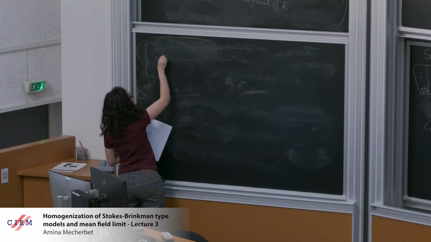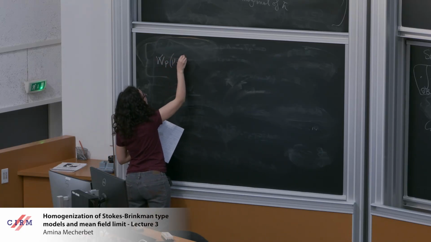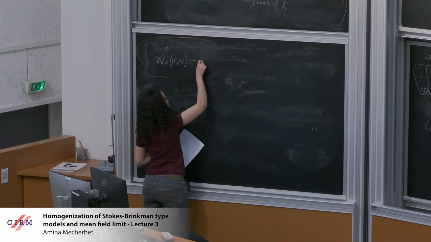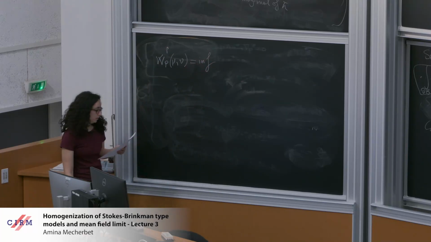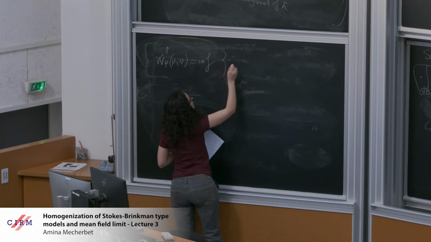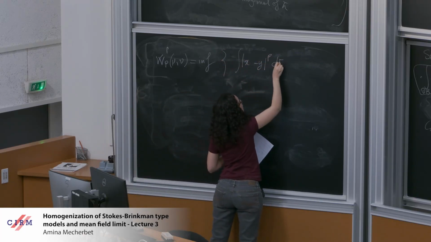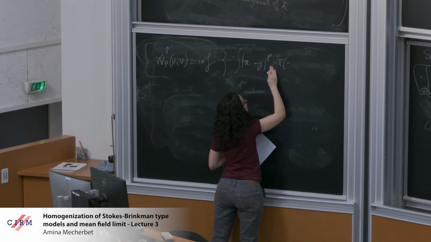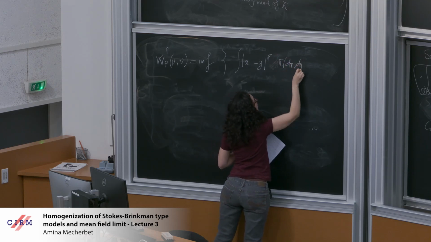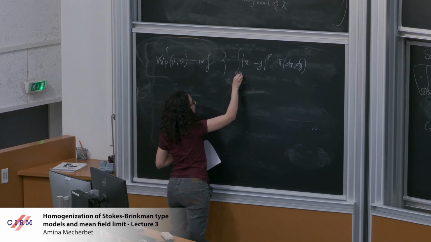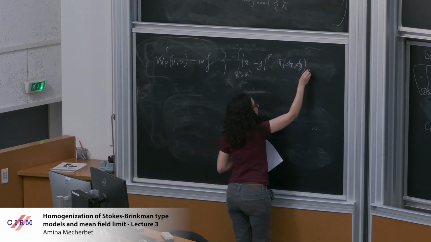So W_p(mu, nu), let me put it to the power p, is the infimum of this type of cost, the distance to the power p, among all transport plans.